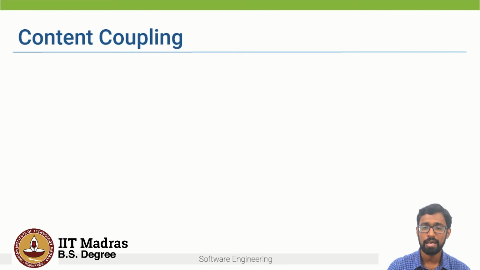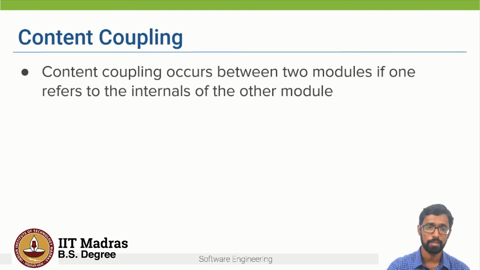And finally, we have content coupling. Content coupling occurs between two modules if one module refers to the internals of the other module. For example, if one module branches into another module, or if one module refers to the changes in another module, right?